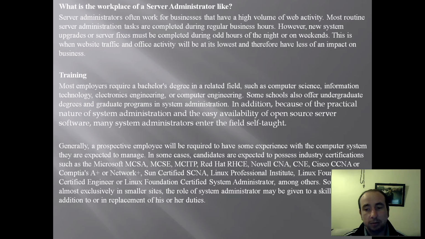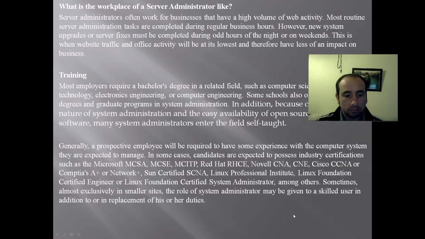In addition, because of the practical nature of systems administration and the easy availability of open source server software, many systems administrators enter the field self-taught. Generally, a prospective employee will be required to have some experience with the computer system they are expected to manage.